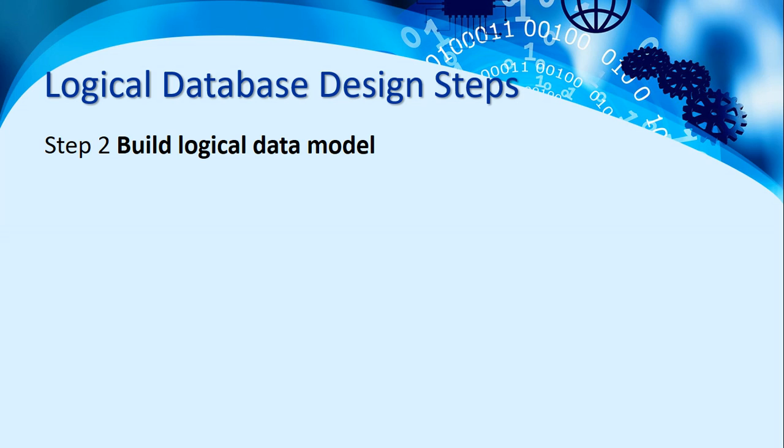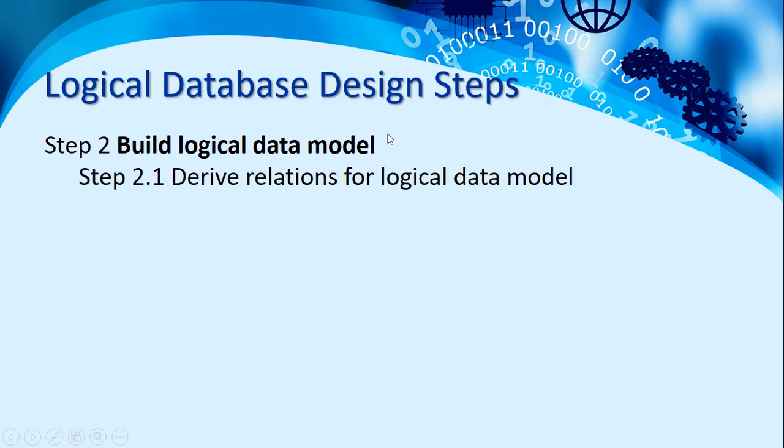So, expect that this step 2 has 2.1, 2.2, or whatsoever. So, ito na yung mga individual steps niya in order to build the logical data model. So, first is to derive the relations or tables, no? Another term for relations is table, no? Step 2.1 is to derive relations for logical data model.